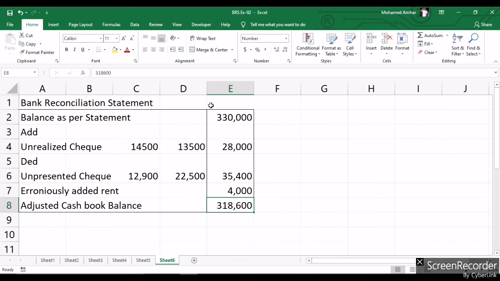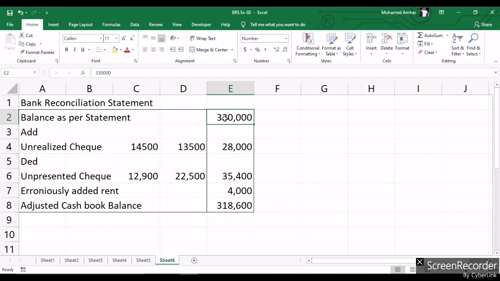But in the statement, as it is not realized yet, it is not included. So in 1 or 2 days those two checks are going to be realized.